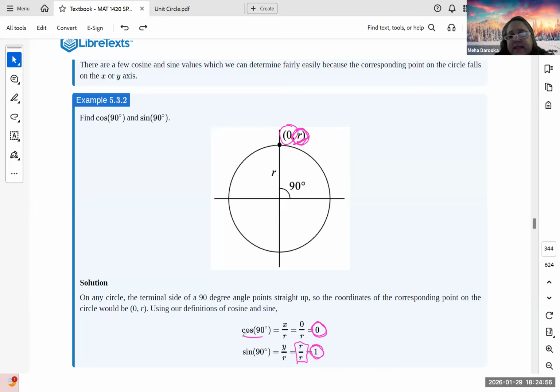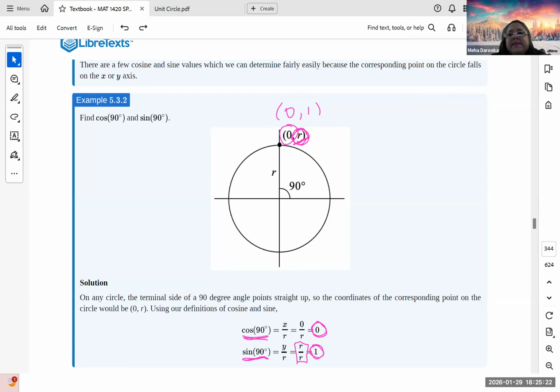So cosine of 90 degrees is going to be 0, sine of 90 degrees is going to be 1. So honestly, this will come out to be 0 and 1. It doesn't matter what the radius will be because, again, remember the proportionality stays the same, the ratio stays the same. So that's basically what's happening over here.